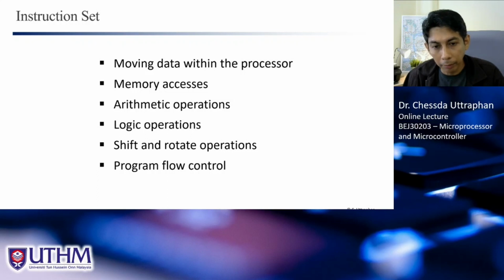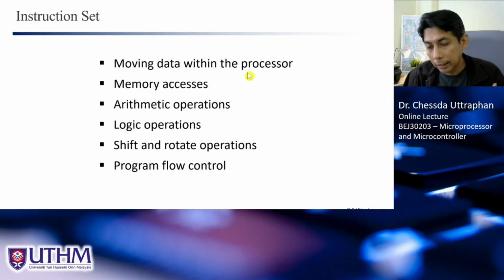We know that in our microprocessor we have internal registers, R0 until R15, and the general purpose registers are actually R0 to R12. The others are for special purpose.